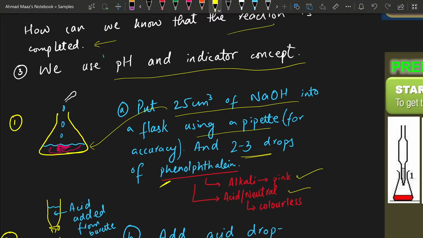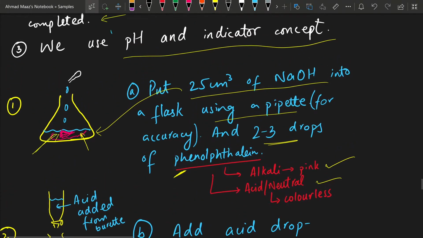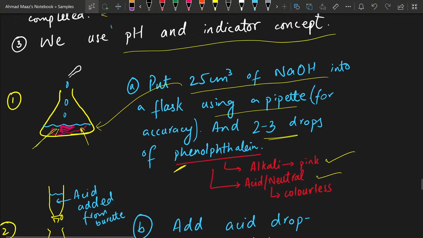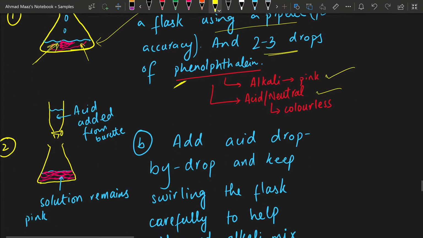So when we add phenolphthalein to sodium hydroxide, it will turn pink, which is an indication that its pH is greater than 7. That is what indicators do. So we now have a solution of sodium hydroxide with phenolphthalein in it.